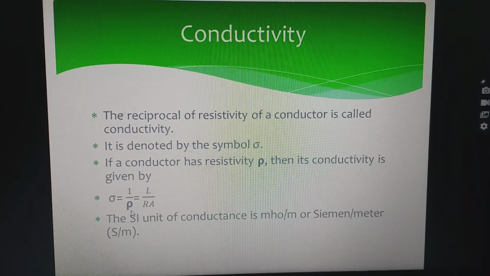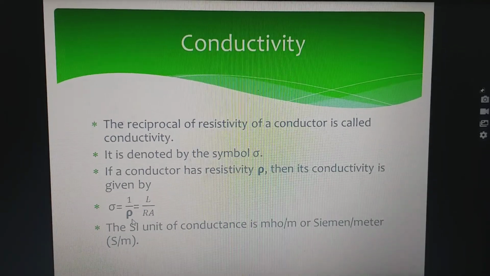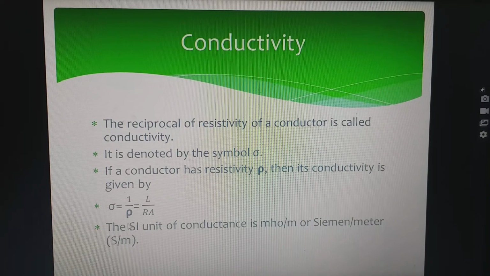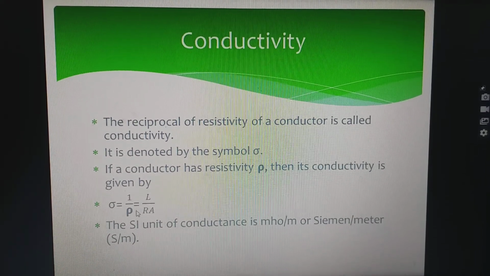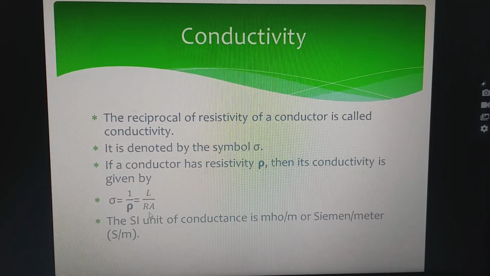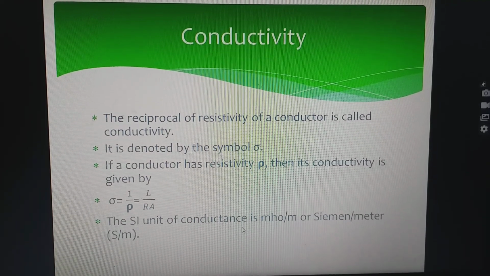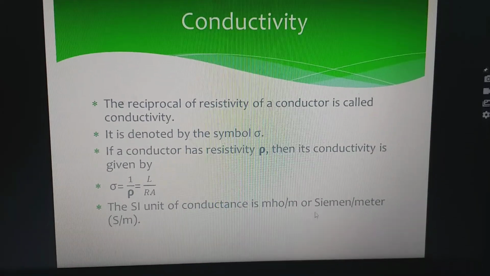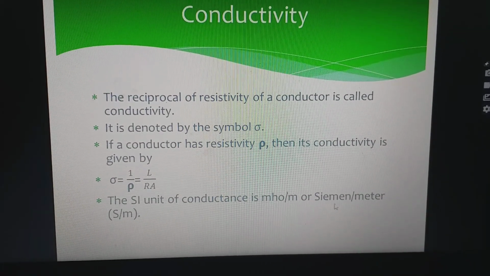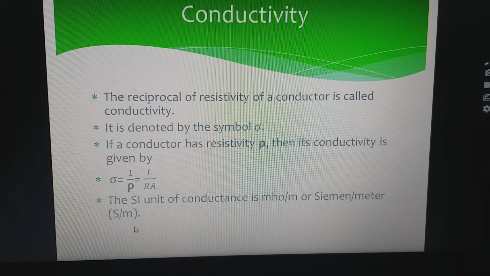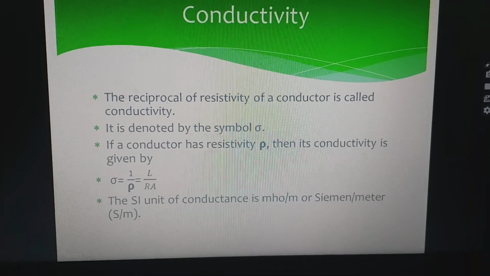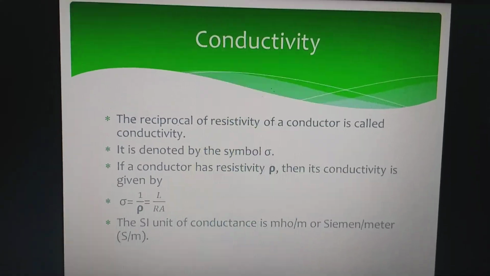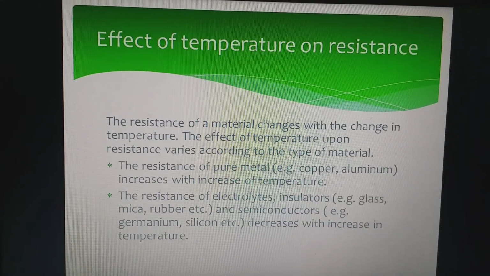As we know, resistivity is equal to Ra over L, so here we have to take its reciprocal, that is L over Ra. The SI unit of conductivity is mho per meter or Siemens per meter. So these are all very important units of resistance, conductance, resistivity, conductivity.